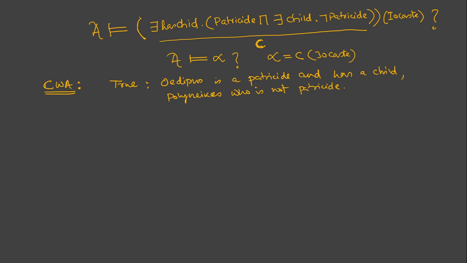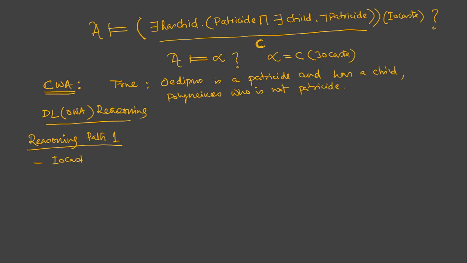right? Now let us think what would be our DL or OWA representation, inference or reasoning, right? So let us consider a reasoning path. Let us name this reasoning path 1. We will be having multiple types of reasoning. So here let us first check whether Iocasta has child Oedipus.